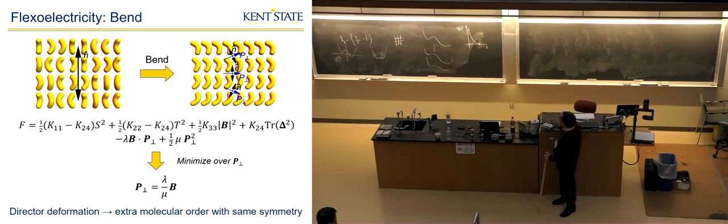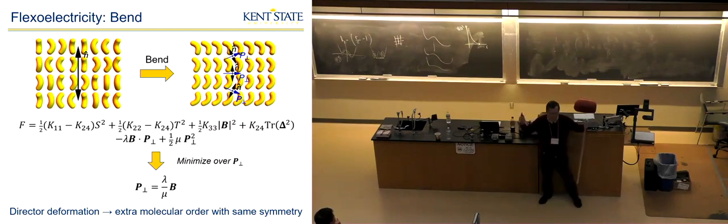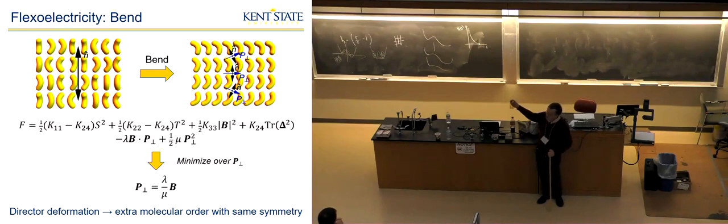Here's a mathematical argument, but it comes to basically the same story. Now if these bananas are molecules with atoms and bonds and stuff like that, then they will probably each have an internal dipole moment. In this structure, all those dipole moments average to 0, so there's 0 electrostatic polarization.